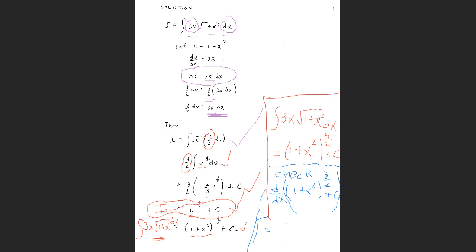By the chain rule, you're going to get 3/2 times 1 plus x squared to the 1/2 times 2x. And that's going to equal 3x times the square root of 1 plus x squared. So in other words, when you take the derivative of your antiderivative, you get the integrand back.